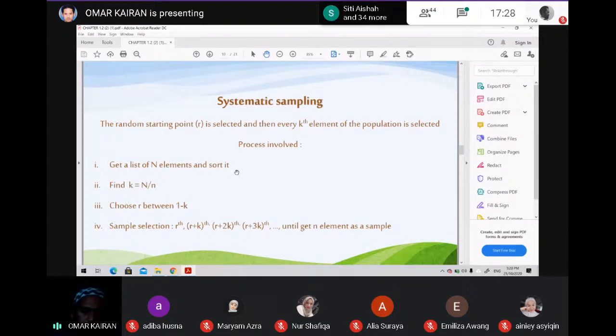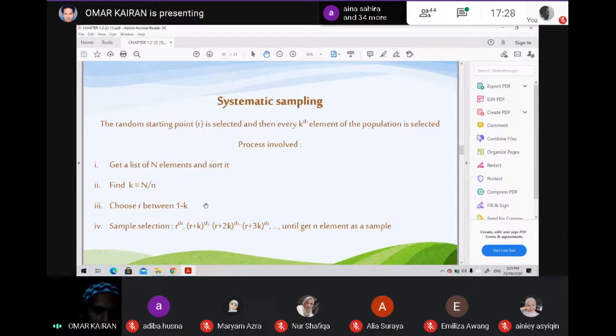Okay. So prosesnya inilah, step by step. Get a list of N elements and sort it. Find k, kena cari k. You have to calculate k, in which k is calculated from capital N divided by small n. And then choose R between 1 to k.